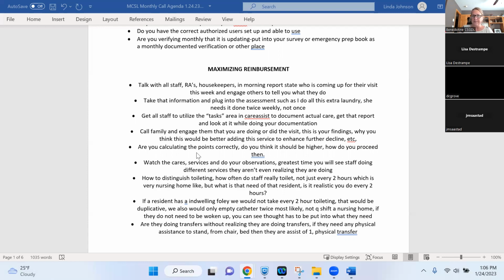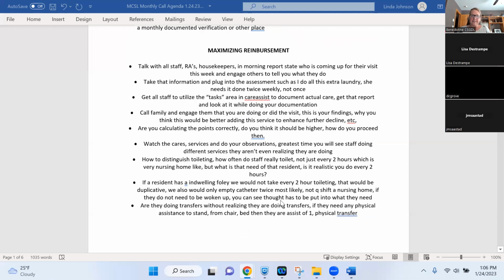I'm allotting you with this time, because if you change those points, what happens if they're accurate? The time that your aides are spending every day is also increasing to the accuracy, which is going to help you with your staffing plan. So everything does come full circle. It's all interconnected. And we just need to think about it as we're doing these service plans.